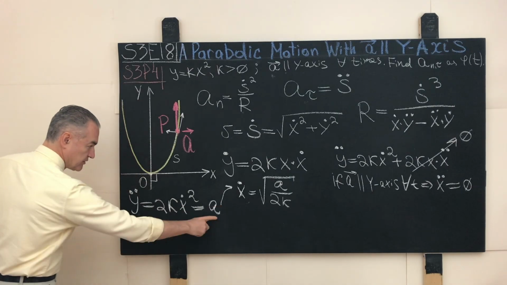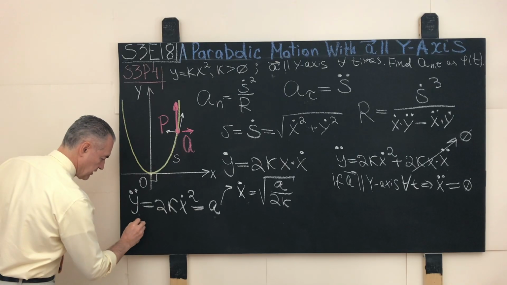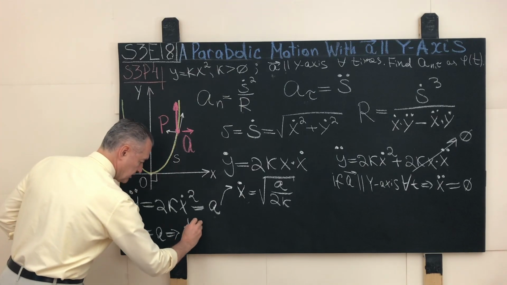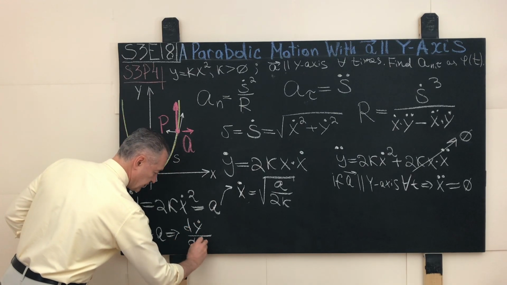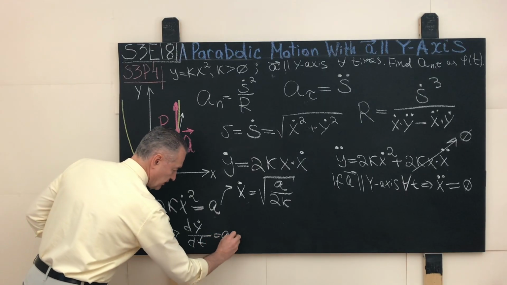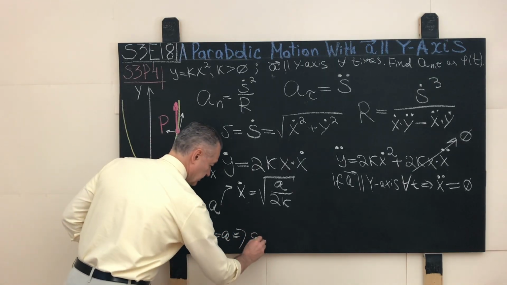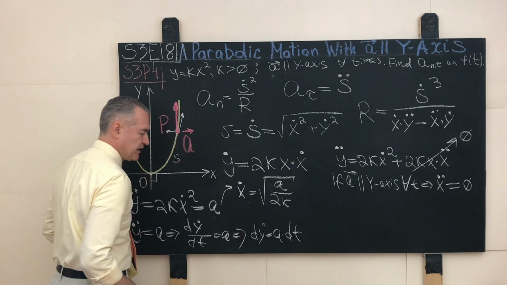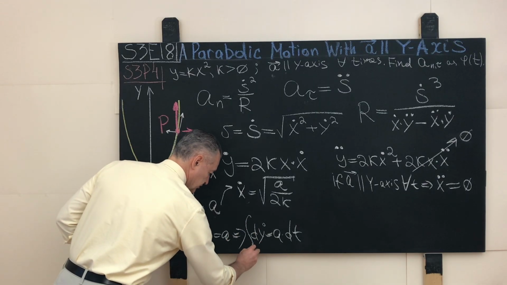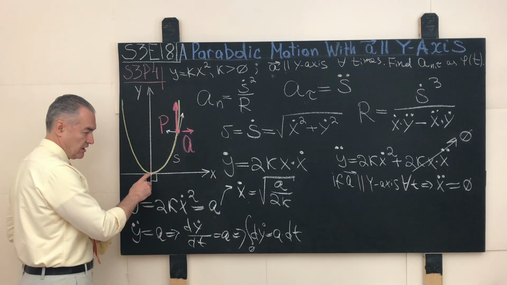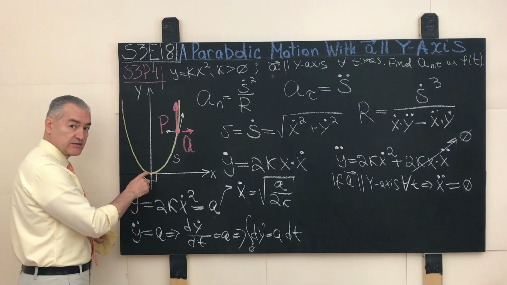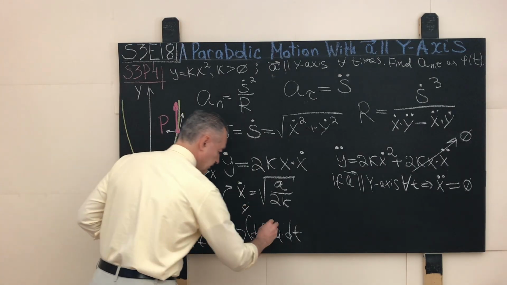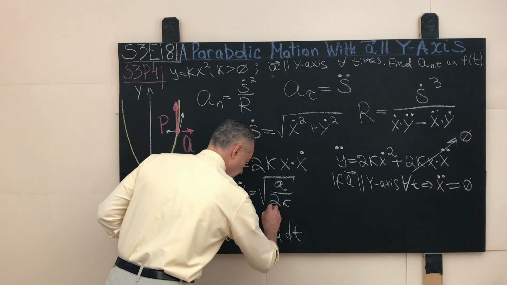And if we're given this equation, y dot dot is equal to a, from here it follows that d y dot over dt is equal to a. From here it follows that d y dot is equal to a times dt. Integrating both sides of this equation from 0, let's say we agree that initially the y component of the velocity was 0, for simplification purposes, to y dot, and on the right we integrate from 0 to t.